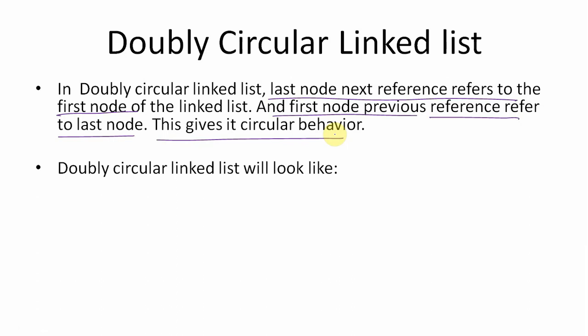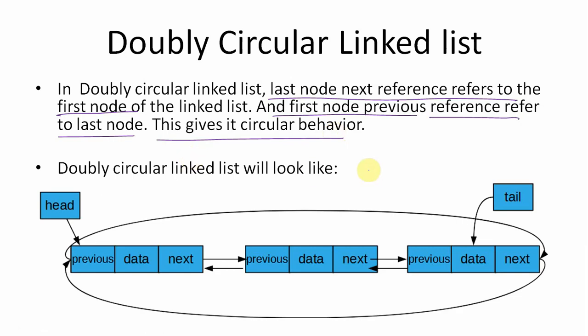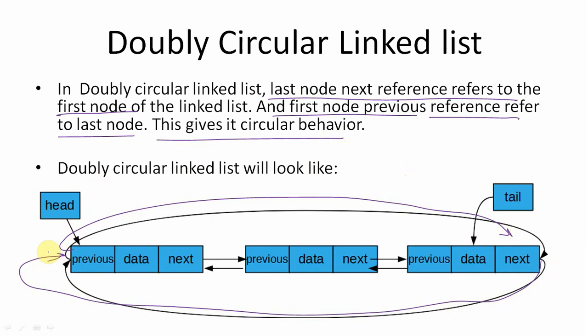So doubly circular linked list will look like, see, the previous node of the first is the last node, and the next of the last node is the first node. Likewise singly circular list. So in this way we'll achieve the circular behavior in doubly and singly linked list.